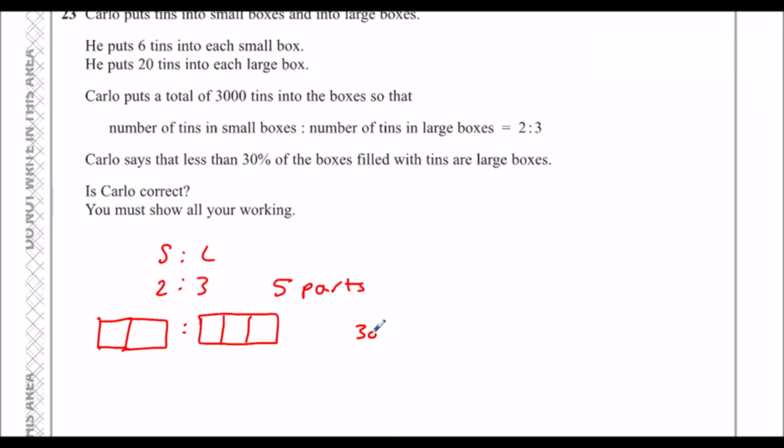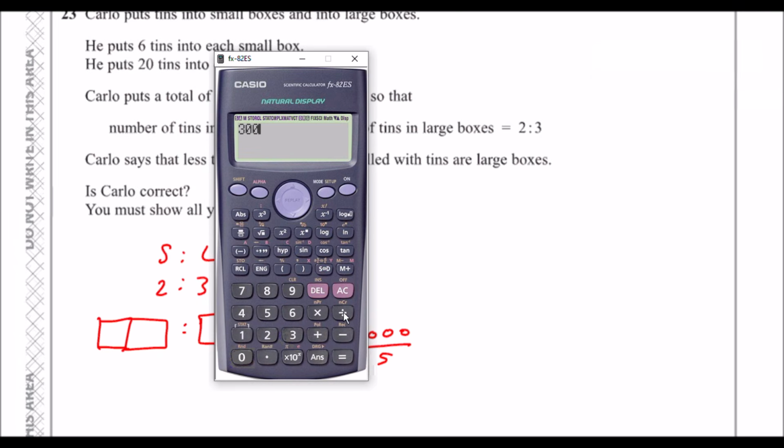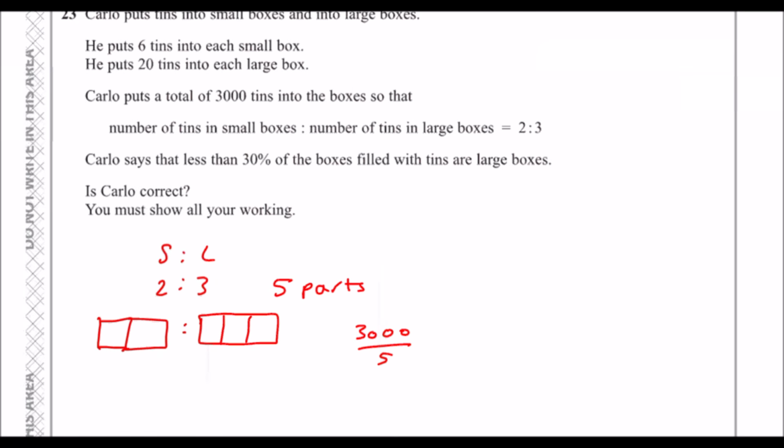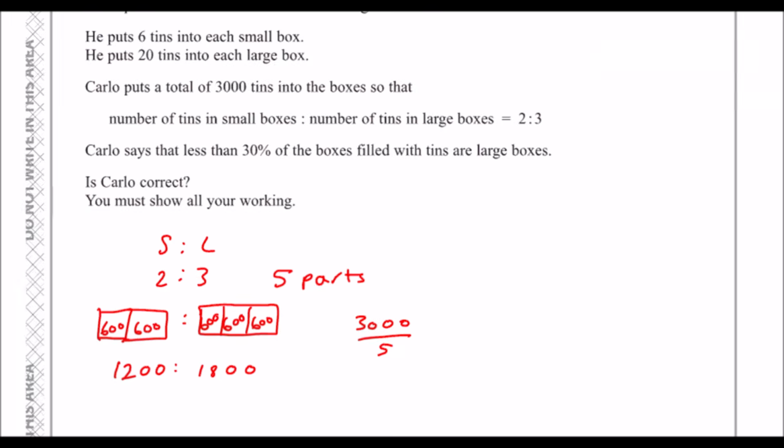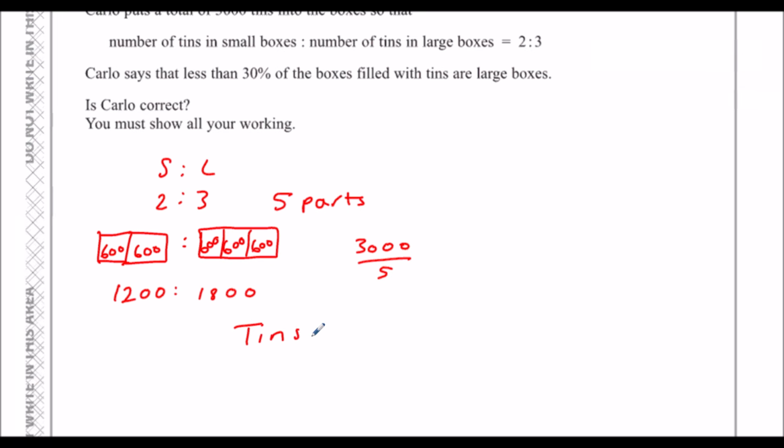So 3,000 divided by 5 is 600. So each of these is 600. So this is how many tins are in small boxes and how many tins are in large boxes. So 2 600s, 1,200. 3 600s, 1,800.